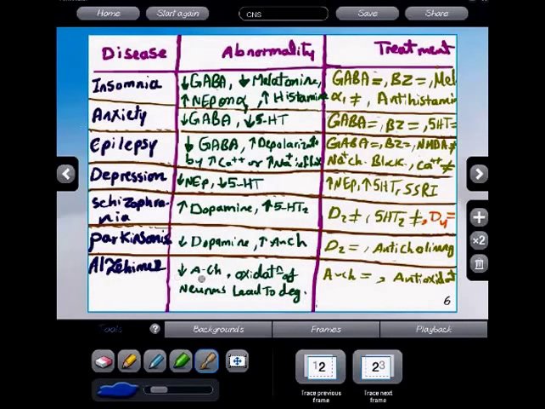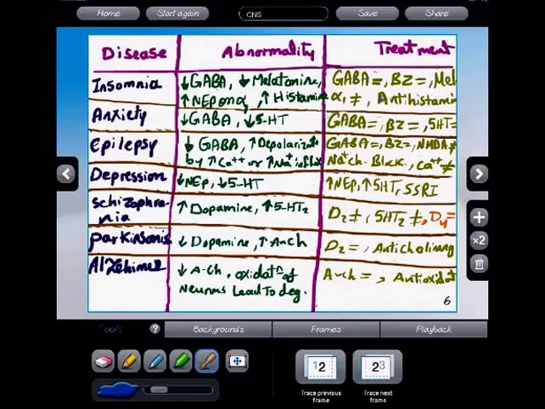We will find that Alzheimer's can be treated by giving a cholinergic agonist, and by giving an antioxidant to stop the degradation of the neurons, like omega-3 and so on.